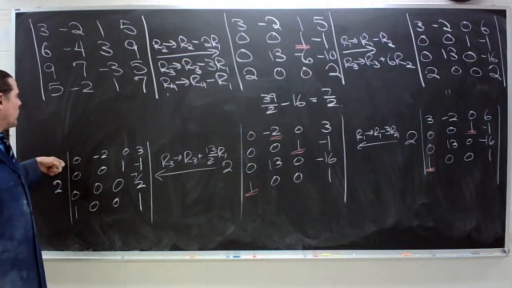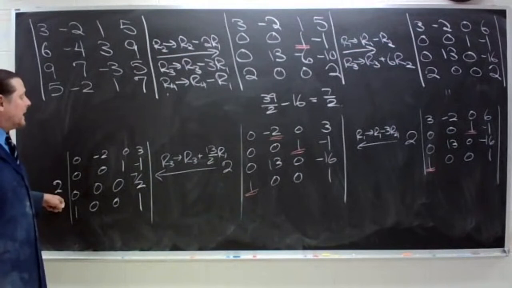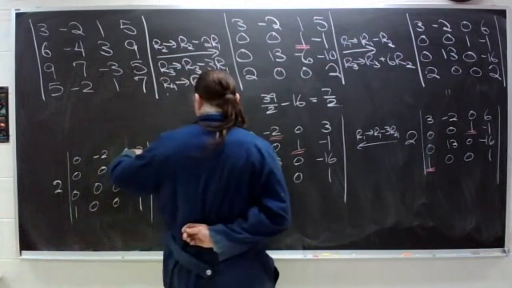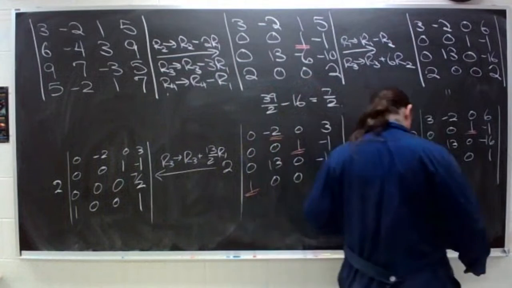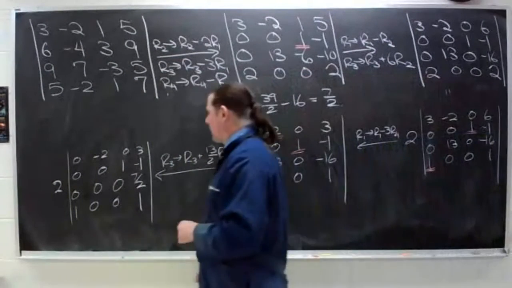So I could replace row 1 with row 1 minus 3 times 2/7 row 3. It doesn't matter. The only thing that's going to happen is this will go away. So I'm just going to do that real quickly.